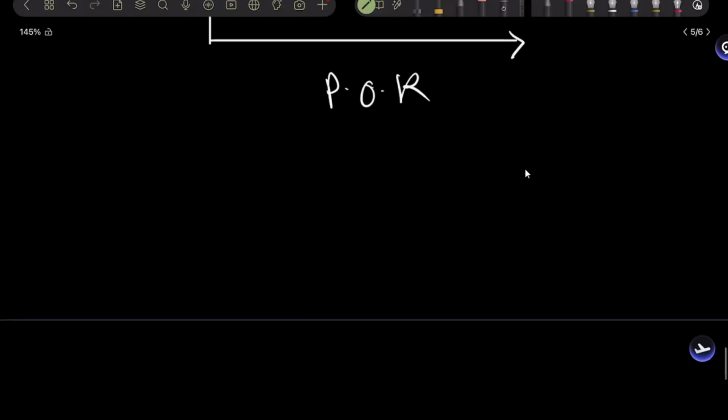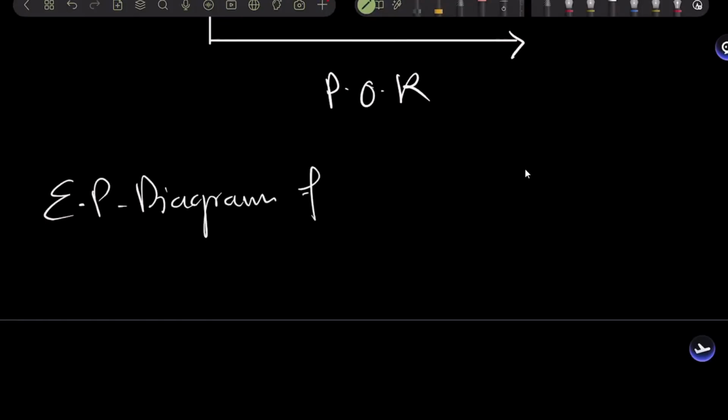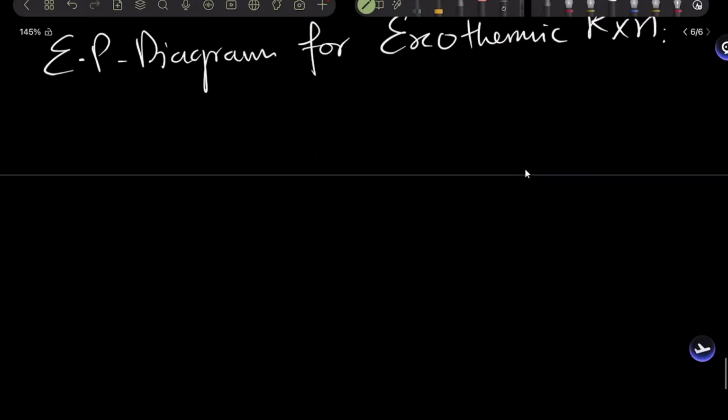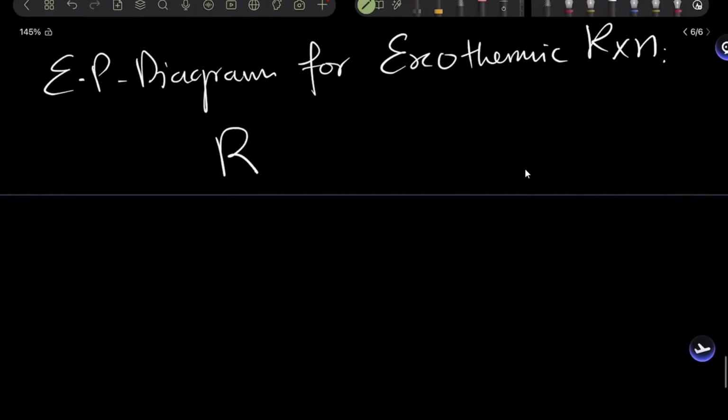So if I want to draw the energy profile diagram for an exothermic reaction, then how should that be? Now I know that in an exothermic reaction, whenever reactants go into product, their energy is released, right?